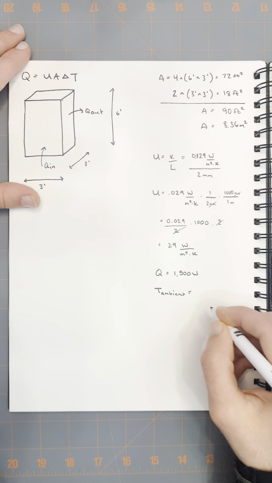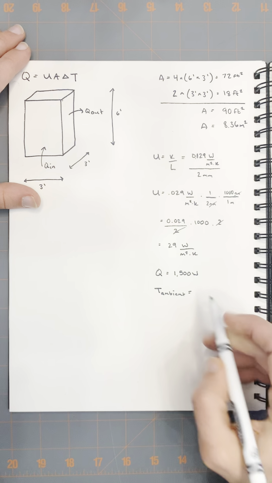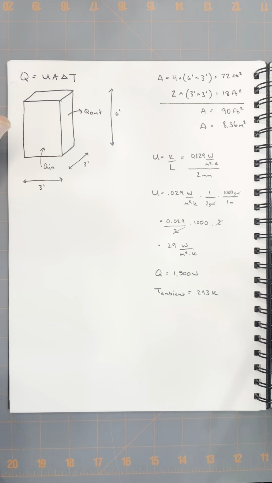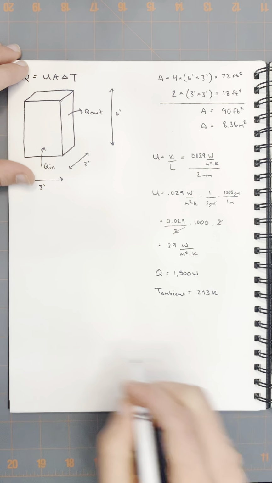And that's in Kelvin, as you can see here. And room temperature in Kelvin is about 293. And that's Celsius plus 273 degrees. For Fahrenheit, it's probably something goofier.